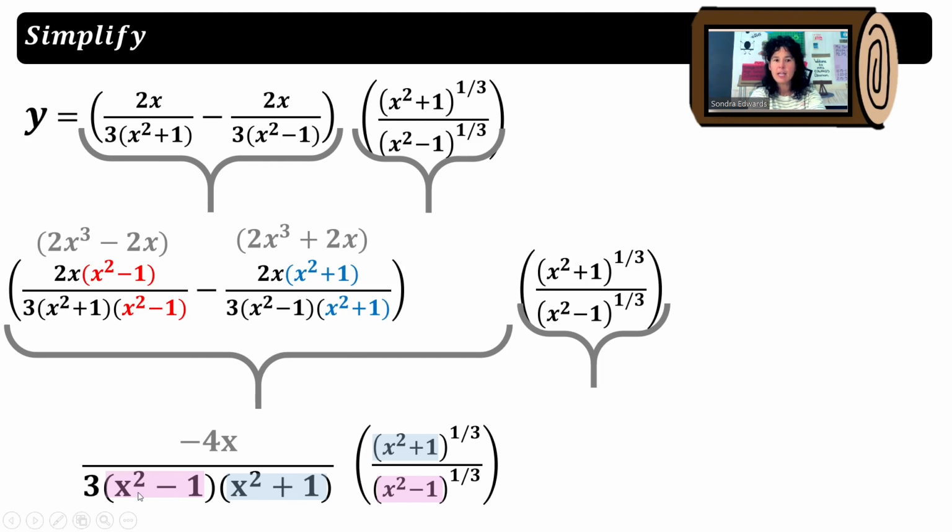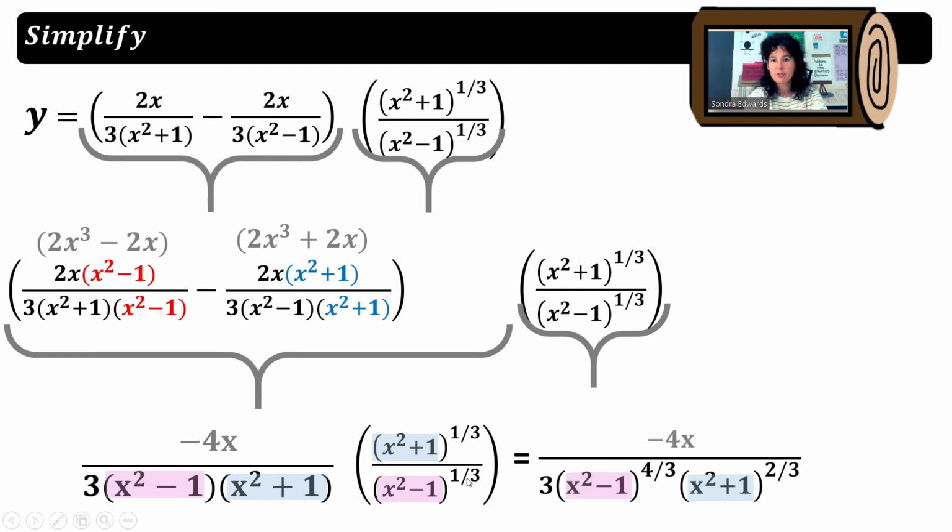Now in the denominator, when I multiply x squared minus 1 times x squared minus 1 to the third, we have like bases and we're multiplying, so this time we will add exponents. So the exponent on x squared minus 1 here is 1, and we have 1/3. So 1 plus 1/3 is 4/3.